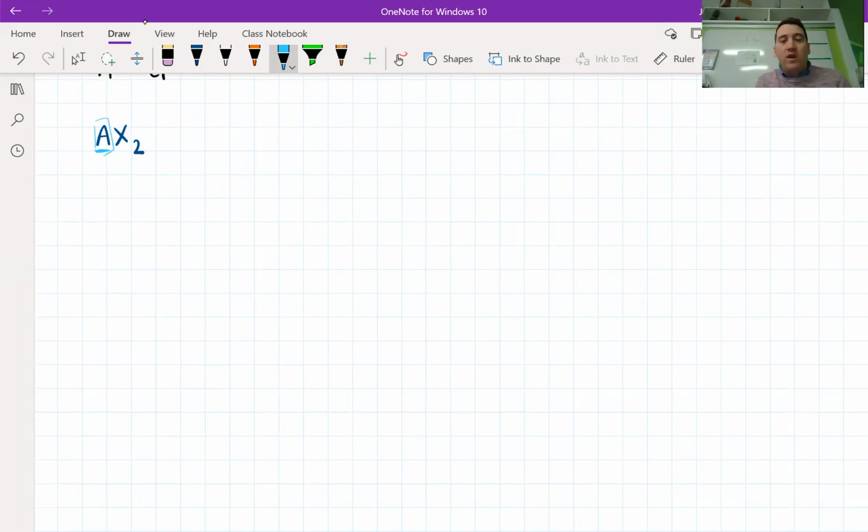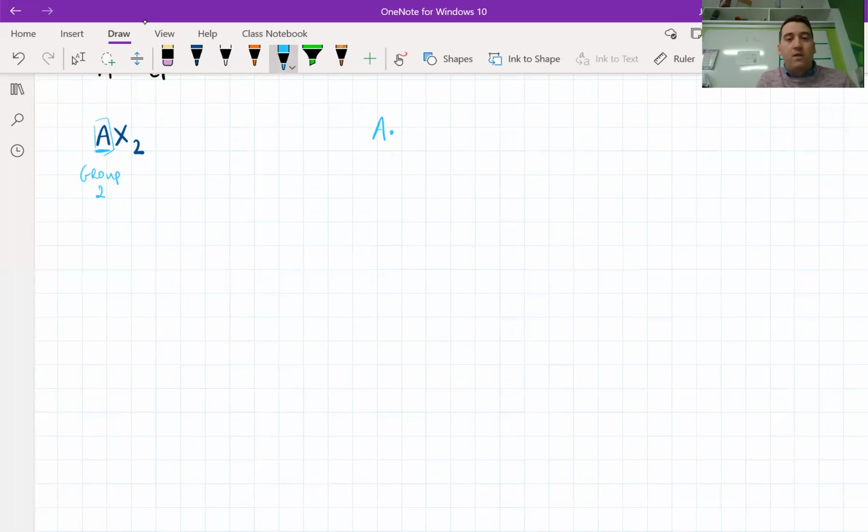The next thing that's important is to work out how many valence electrons A has, the central atom. The number of valence electrons, of course, we can get from the group. So let's say, for example, that AX2 is a molecule and A is in group 2. You look it up on the periodic table and find that this element is in group 2, which means it's got two valence electrons.